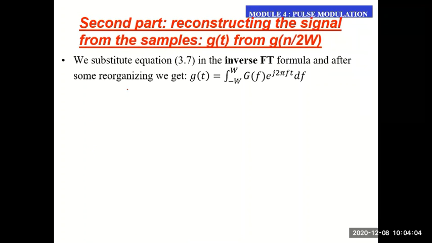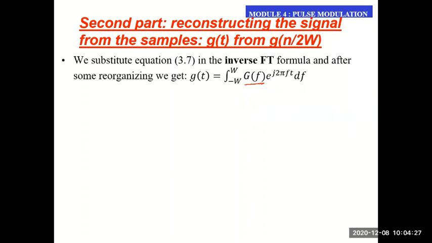It tells you g of t is the integral from minus infinity to plus infinity of the given Fourier transform of the function times e to the power of j 2 pi f t df.